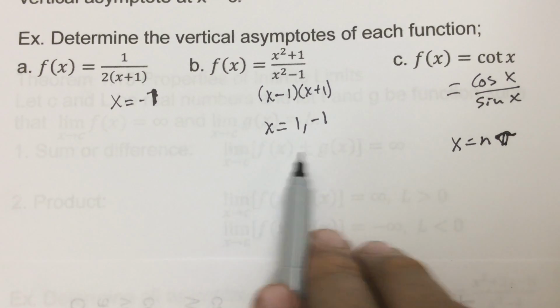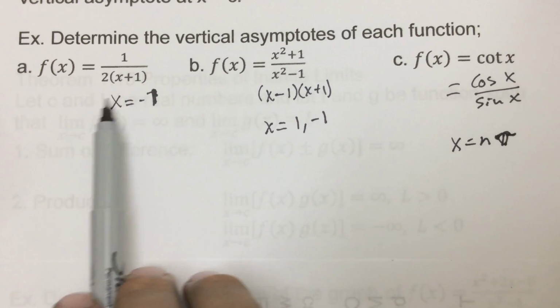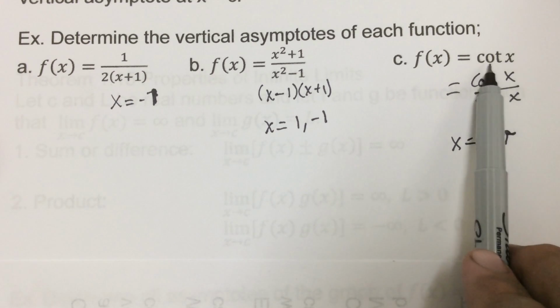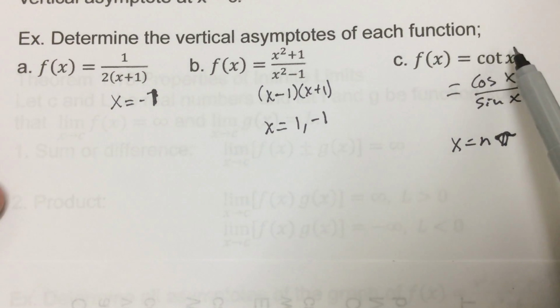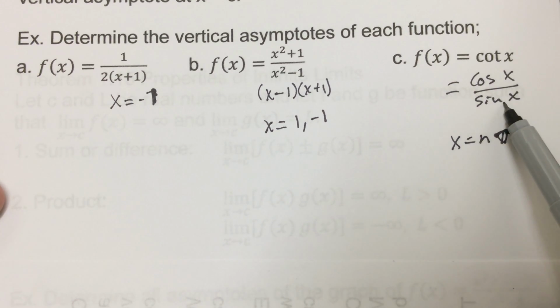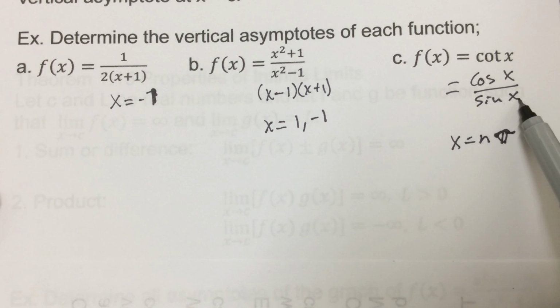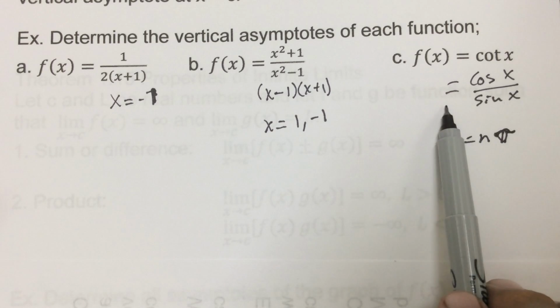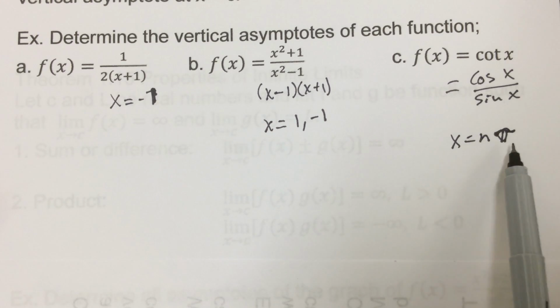So this is where the vertical asymptotes would take place. Here we're looking for what's going to cause the bottom to be 0. With cotangent, again harder to see, so we rewrite it in terms of cosine and sine. It makes it easier to say we just don't want sine to be 0. Using the unit circle, you would see that at 0, at pi, at 2 pi, at 3 pi, at 4 pi, that's when sine equals 0.